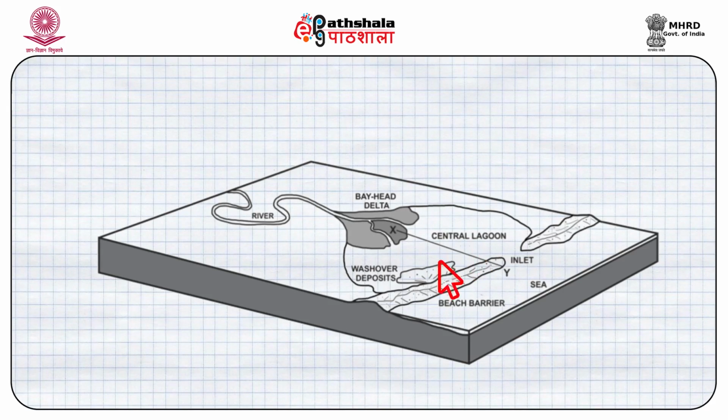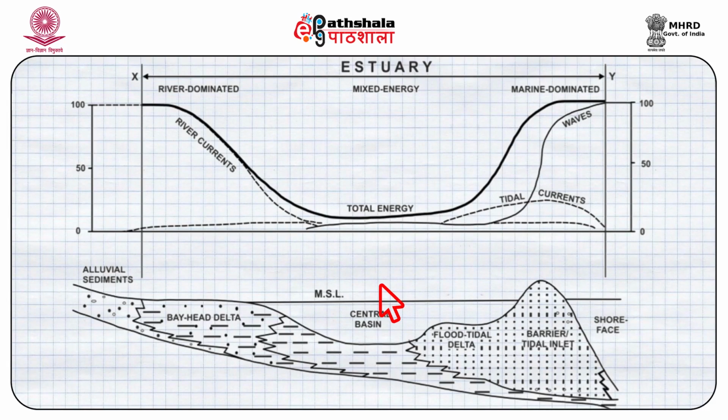Only some sediments may come as washover deposits by the reworking of the bar system at high tide or by storms, which can rework the bar and supply some washover sediment into the lagoon.